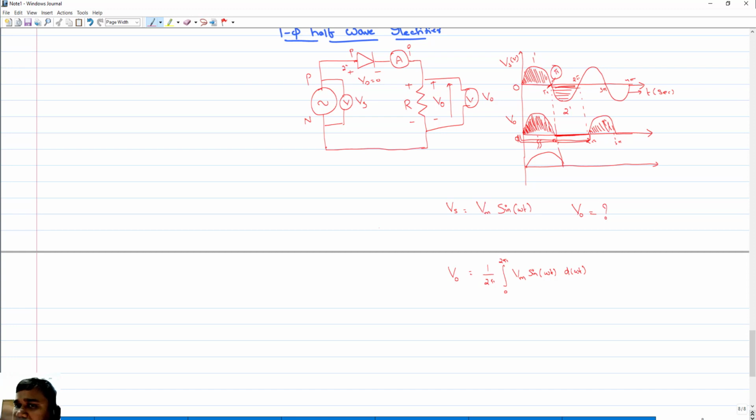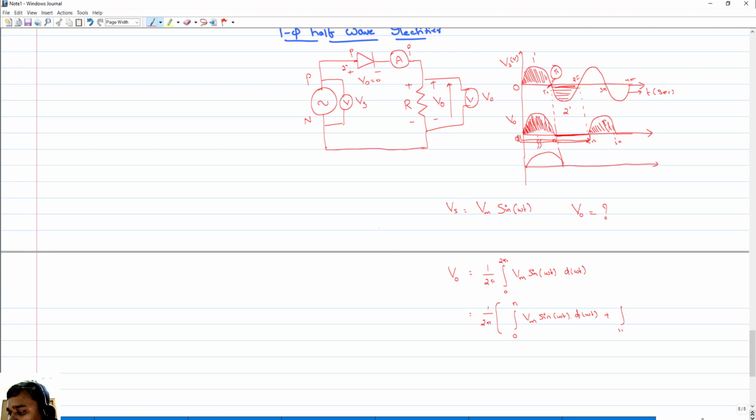We want to see the entire area, and we'll split it into parts. In the entire area of 2 pi, the area from 0 to pi is Vm sine of omega t d omega t.